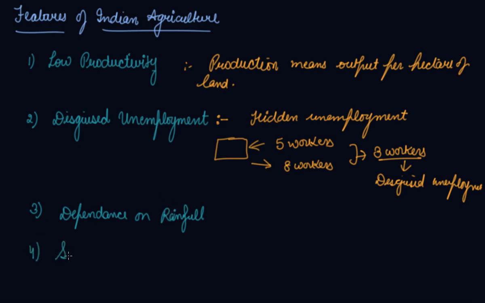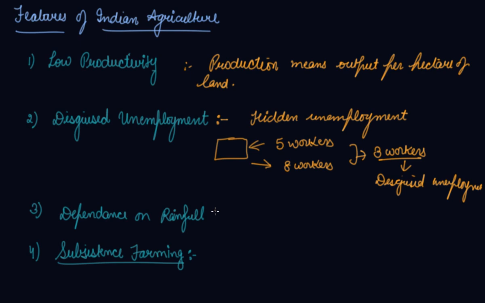Fourth is subsistence farming. In India, what do farmers do? They grow survival crops. The primary objective of the farmer is to secure subsistence for his family.